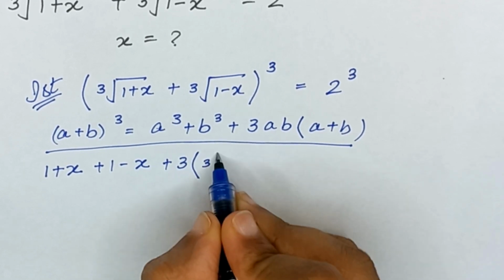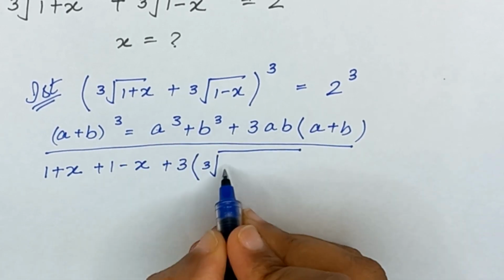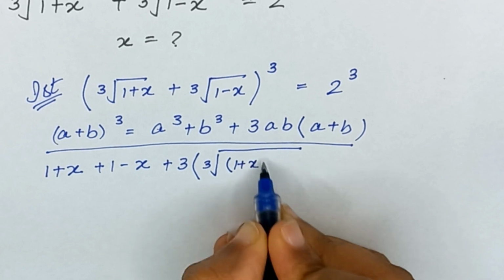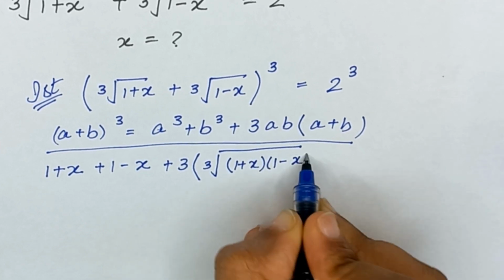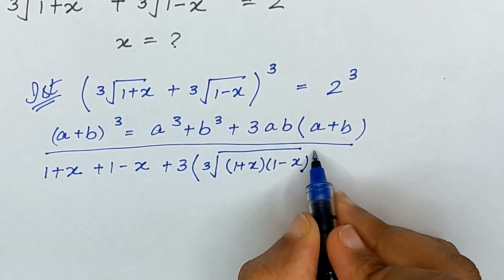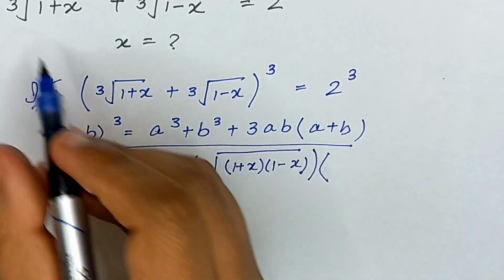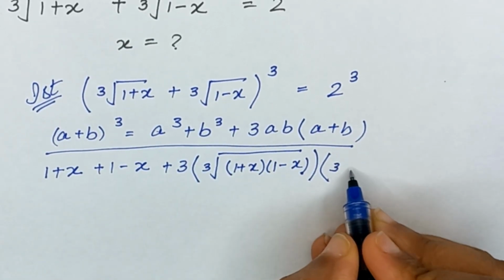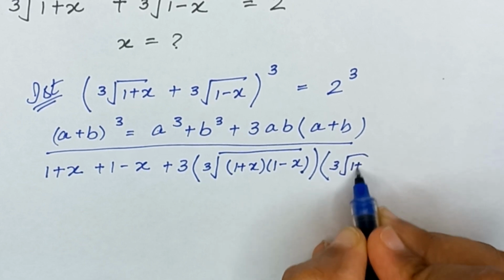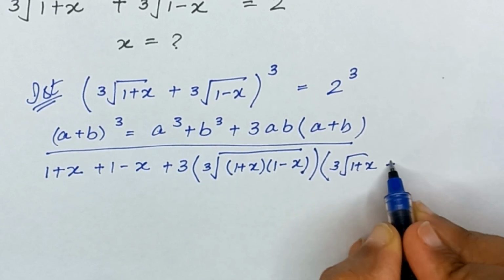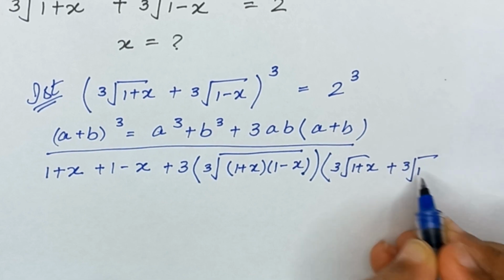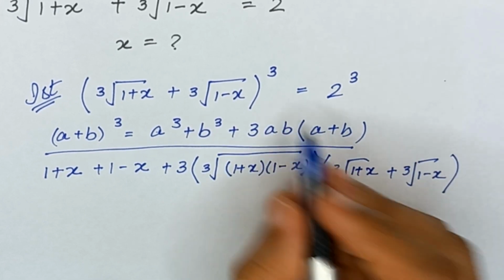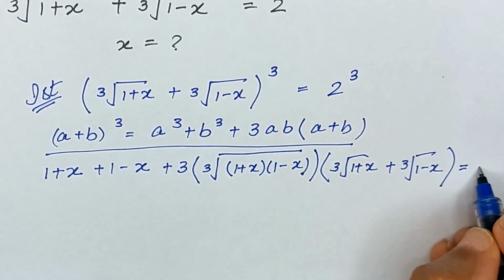I can write it as, cube root is common, so it will be 1 plus x times 1 minus x, times a plus b. So it will be cube root of 1 plus x plus cube root of 1 minus x, and it will be equal to 2 cube, which is 8.